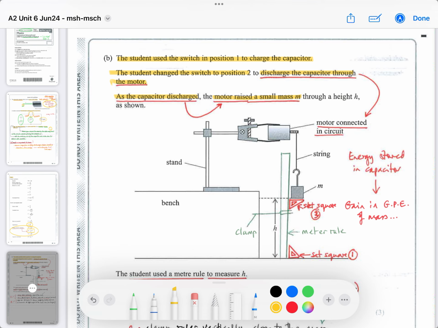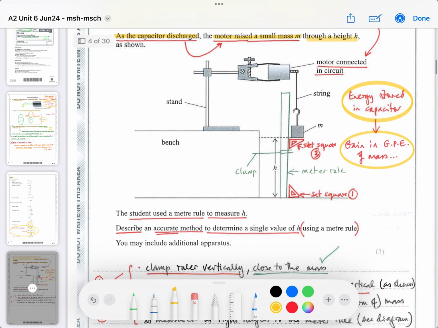So the output is potential energy. The energy stored in the capacitor goes to lift the mass and give it gravitational potential energy. So it lifted it through a height h, and they want to ask about practical details.